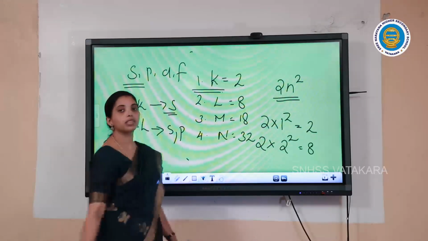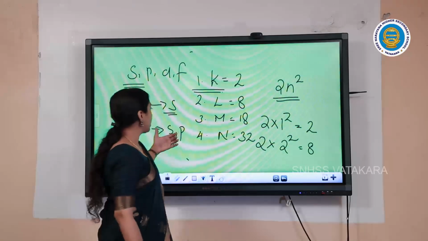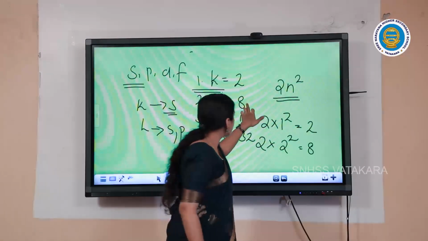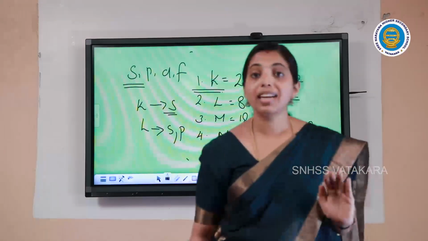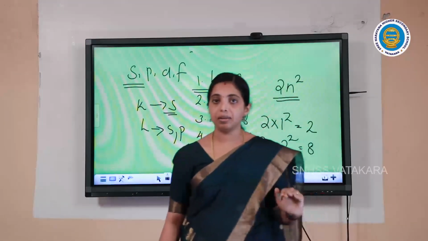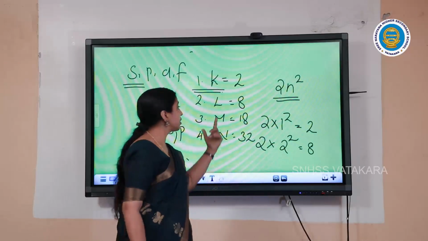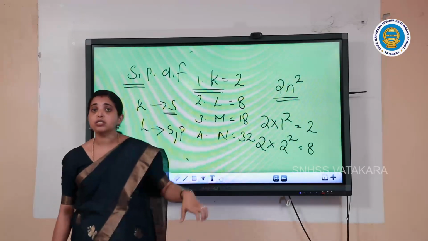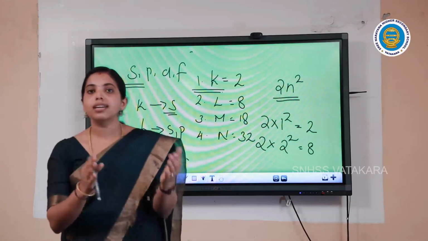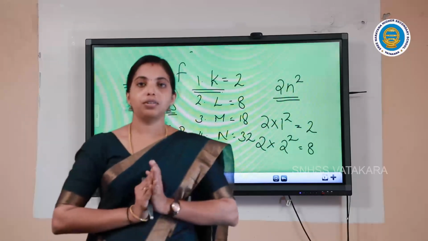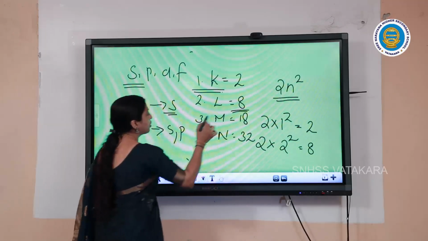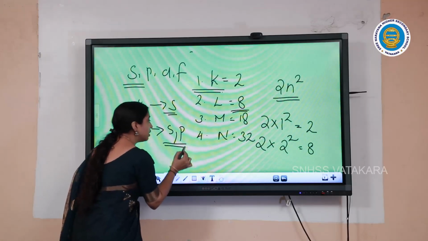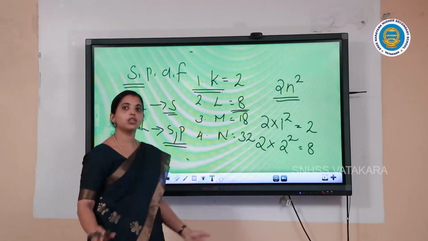Then how many electrons can L shell accommodate? That is 8. These 8 electrons are distributed into its subshells, that is into S and P. S we already discussed.